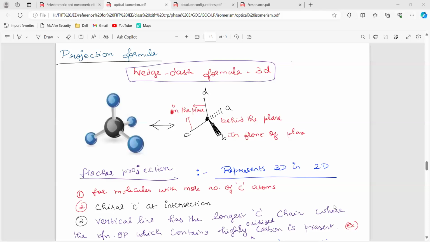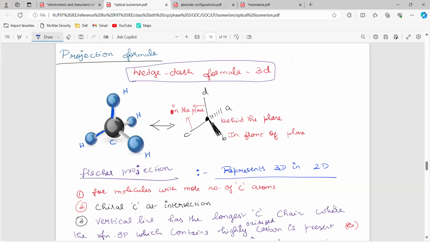Again, this is also available in Google Drive. So the first one is the wedge-dash formula in 3 dimensions. This is nothing but methane. Assuming this is carbon, and these are hydrogens. Are you able to see this?